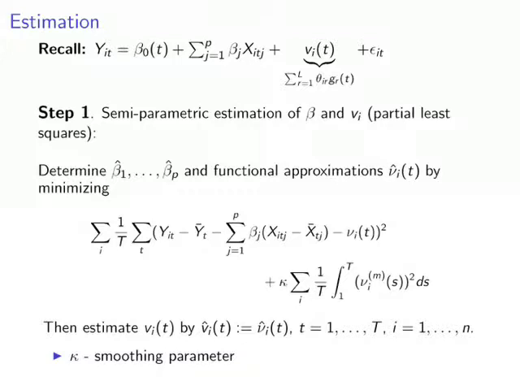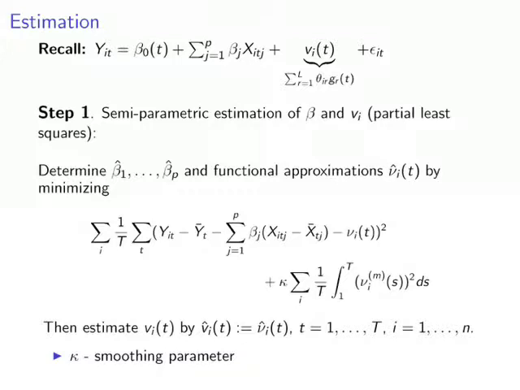We use the sum of squares. In order to get rid of the mean, we just center all variables, y and x, and minus, now this is our function approximation, and roughness is penalized by the usual type of spline roughness penalty, the integral over the second derivative.